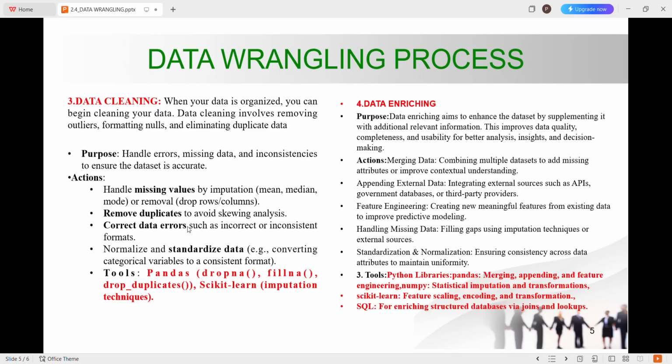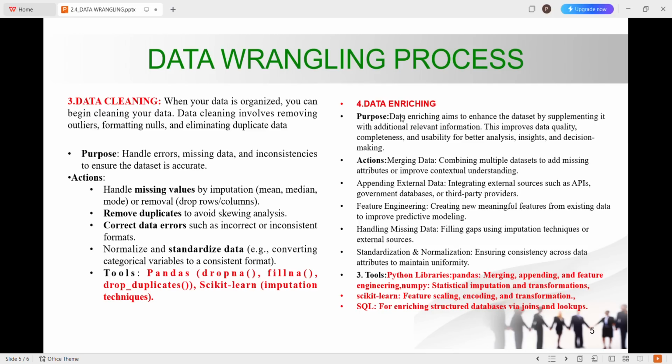Also correct the data errors if there is any inconsistent format. Then finally you normalize the data so that it is obtained in a consistent format. Some of the tools used for data cleaning are the dropna and fillna commands, drop duplicates, or scikit-learn for imputation techniques.